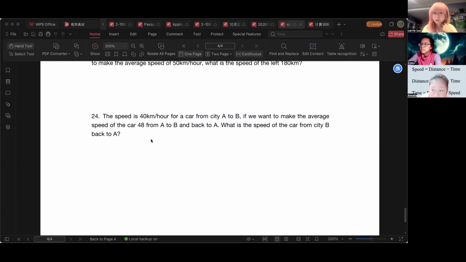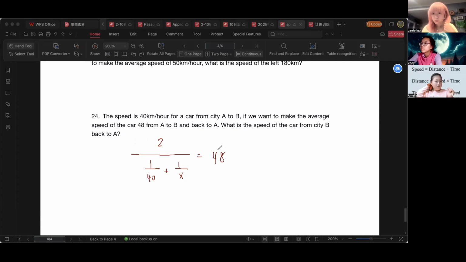So I don't know what is the distance, right? So we can just make the distance 2, right? It says 1 over 40 plus 1 over x equals 48, correct?